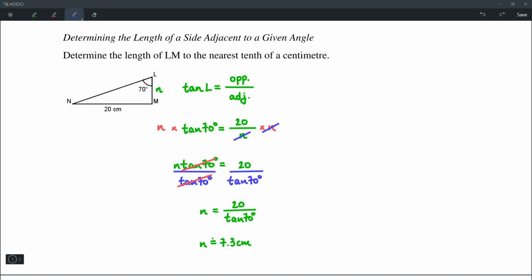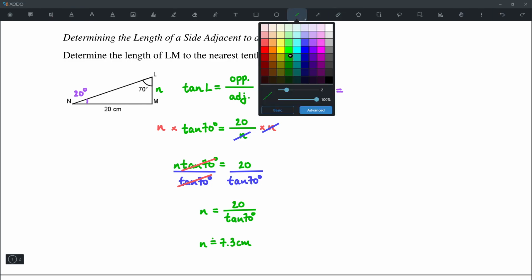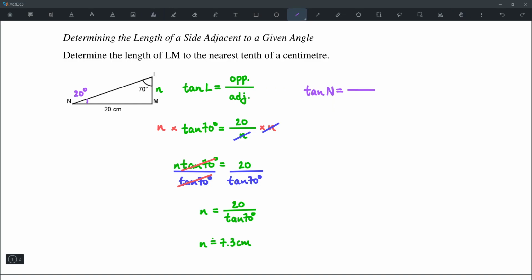Now, another way of doing this question is to first find angle N, which of course is 20 degrees, since angle L and angle N must add up to 90 degrees. And then instead we can use tangent N is equal to its opposite and adjacent sides. Again, opposite over adjacent. Like so.